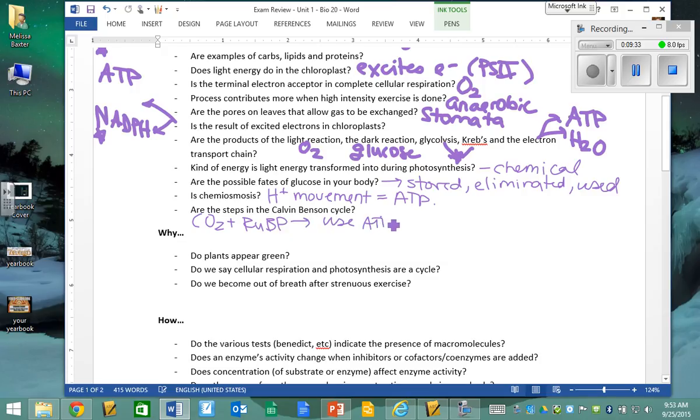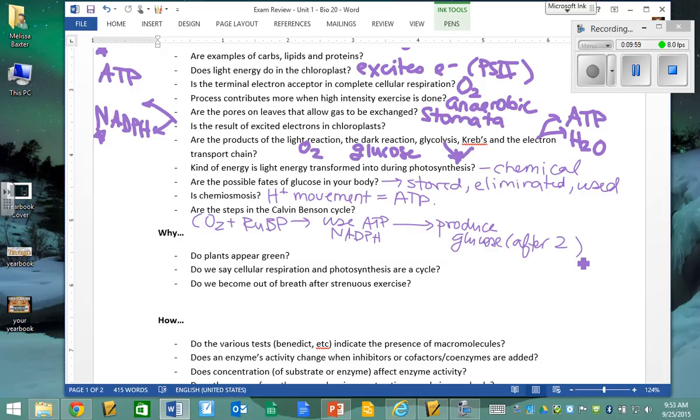Then I use ATP and NADPH. So I use ATP for that third phosphate, NADPH for its hydrogen. And I end up producing glucose after the cycle goes around twice. That's the main idea.